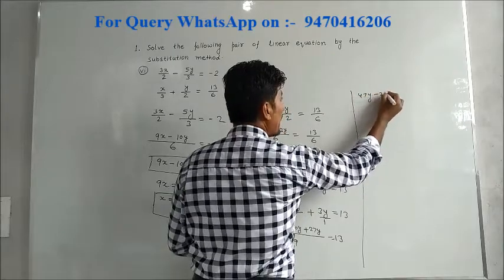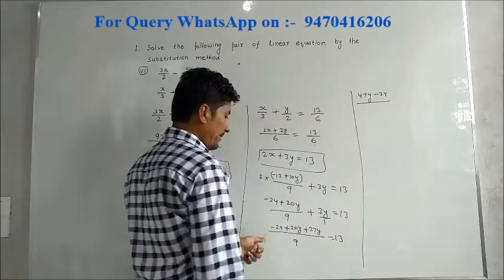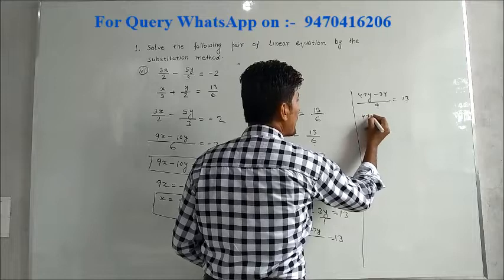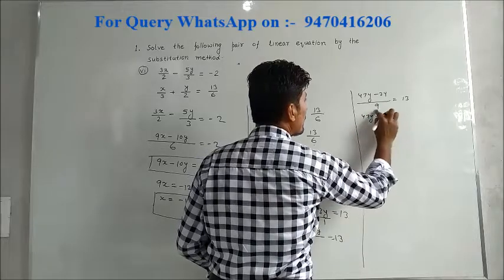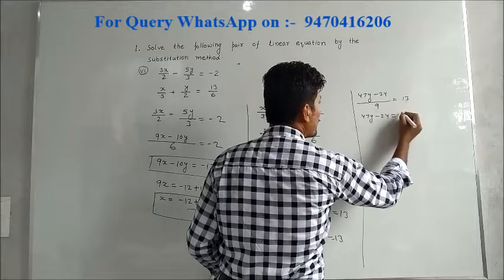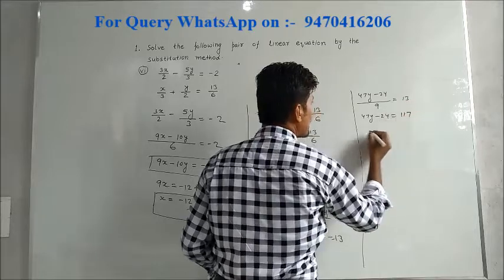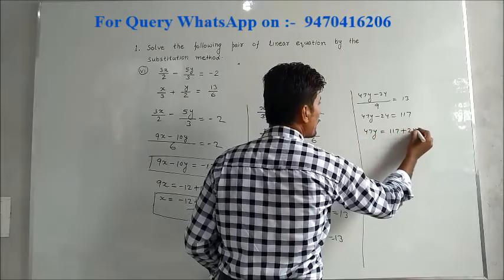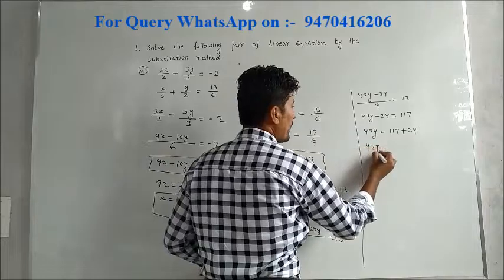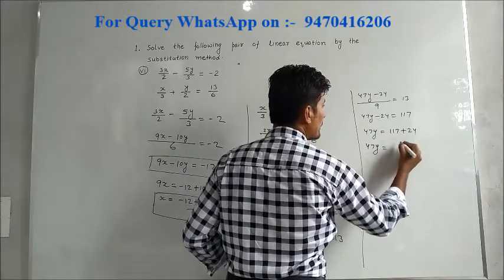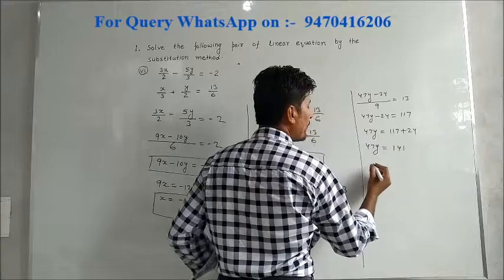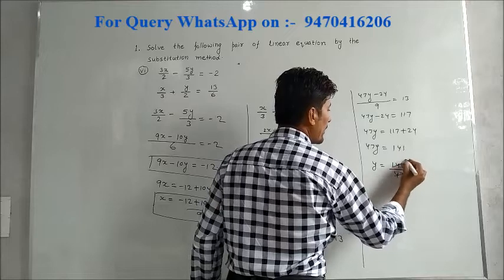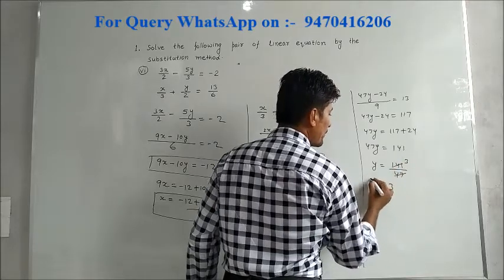Minus 24 will be as it is, divided by 9 equals 13. So 47y minus 24 equals 9 multiplied by 13, which is 117. 47y equals 117 plus 24, and 47y equals 141. So y equals 141 upon 47. We will have 3. So the value of y equals 3.